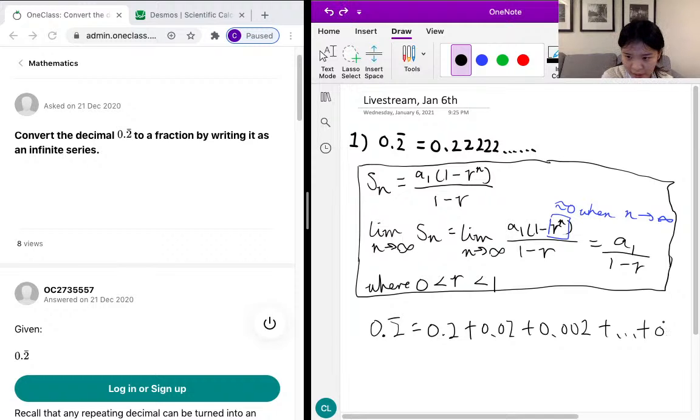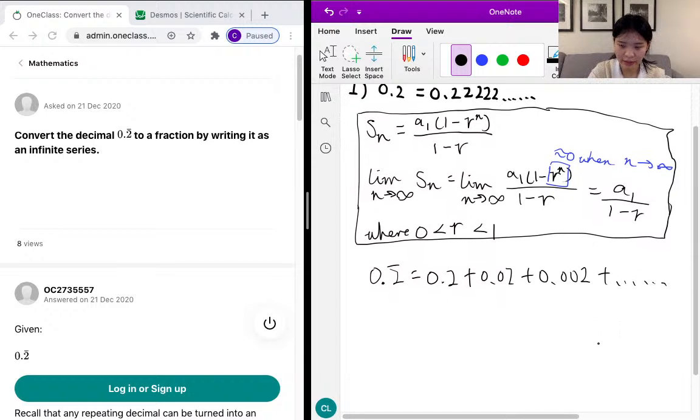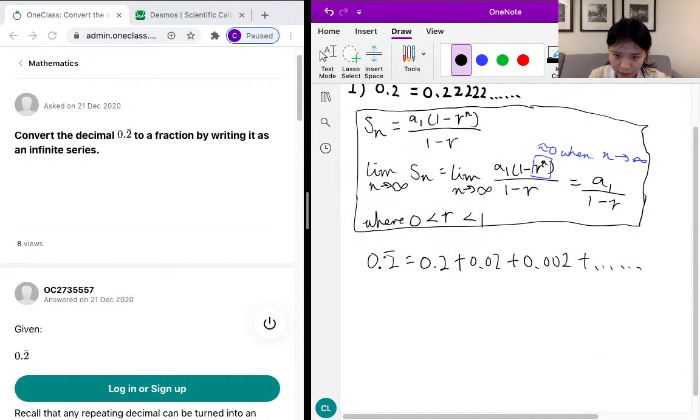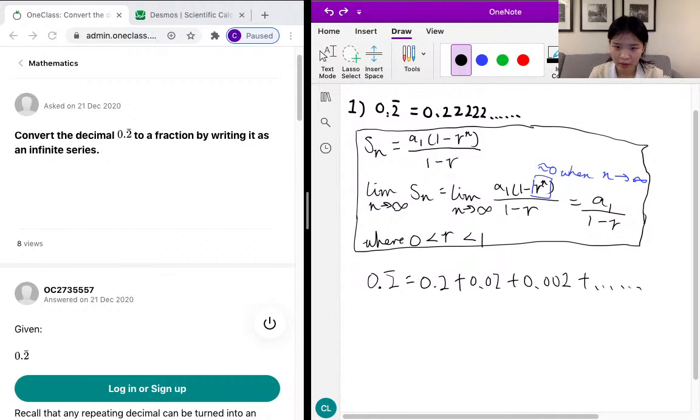I'll just write it like this, and we know the idea of it. We can write the decimal in this form, and they have the same value.